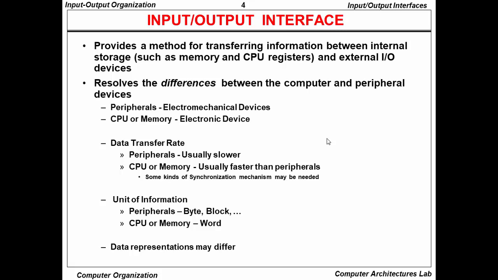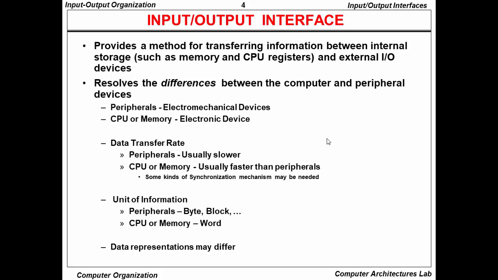The interface provides a method for transferring information between internal storage, such as the memory and CPU registers, and the external IO devices. So the interface will provide a method for transferring information between internal storage and the IO peripheral devices. What kind of method? Why is there a need to provide this method for transferring information?